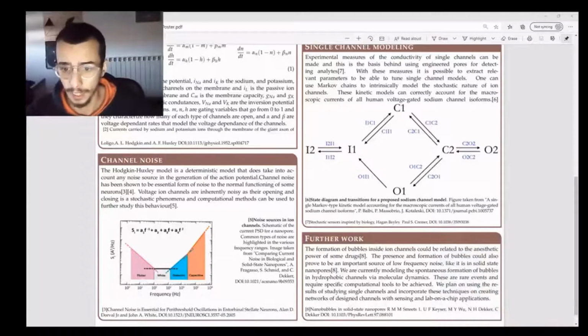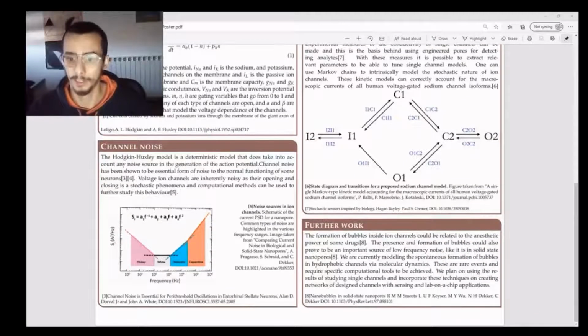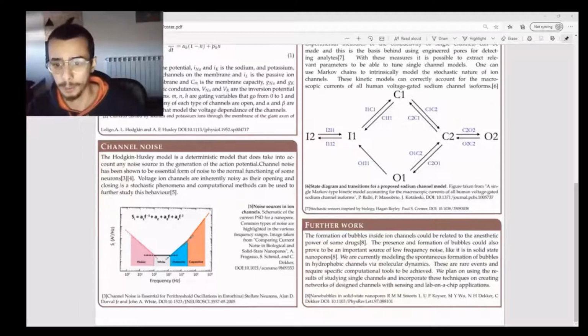We are interested in the formation of bubbles inside ion channels, which seems to be a relevant process for anesthetic drugs, and we are going to use molecular dynamics to study this spontaneous formation of bubbles in hydrophobic channels. We hope to see some results that can be applied to sensing and lab-on-chip applications.